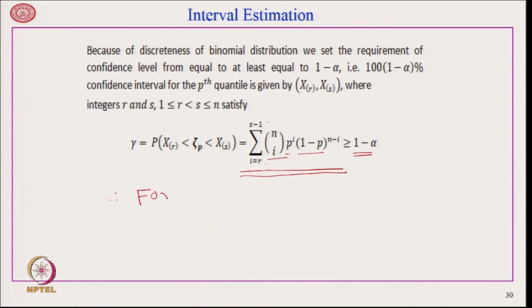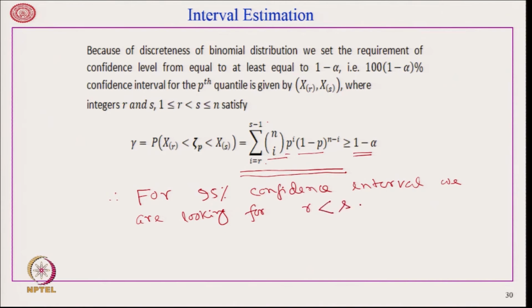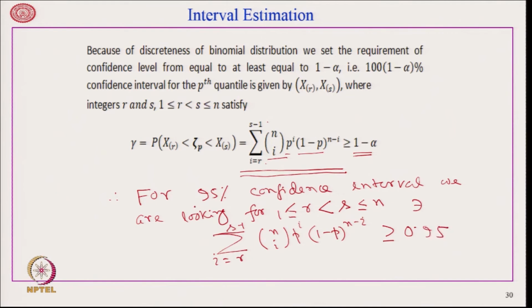Therefore, for a 95% confidence interval, we look for r less than s, with r greater than or equal to 1, such that this summation is greater than or equal to 0.95, where alpha is equal to 0.05.